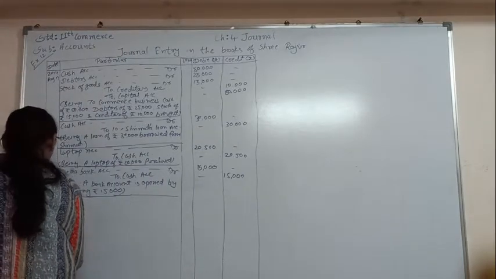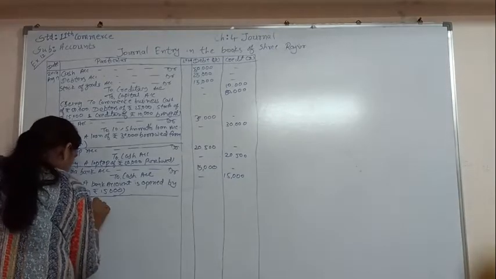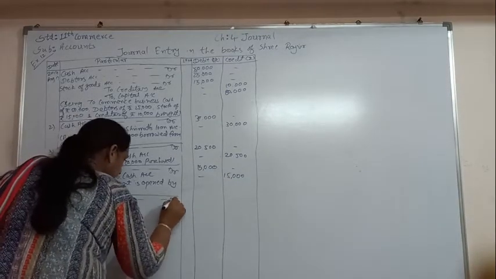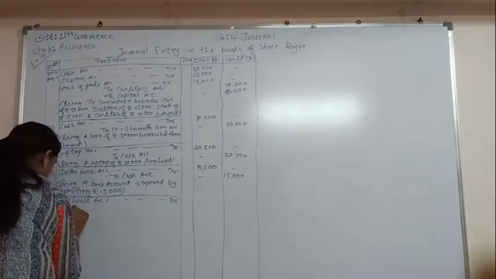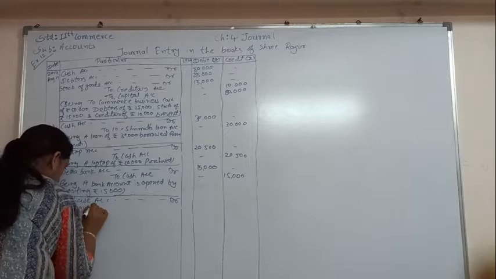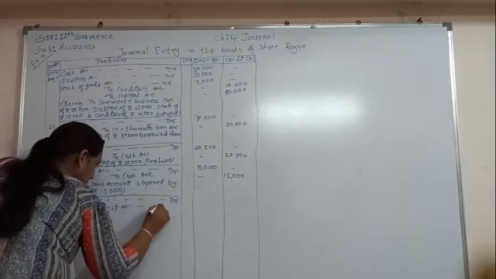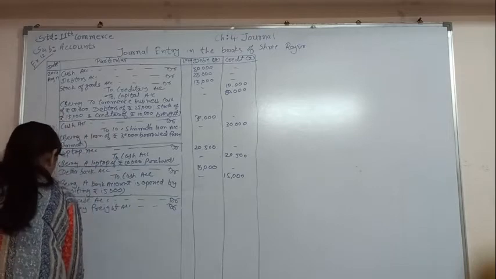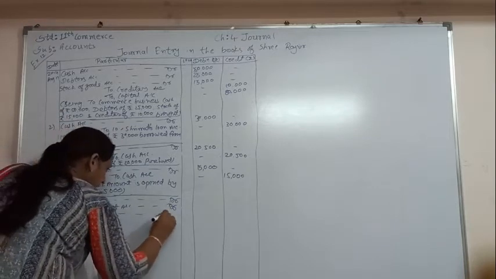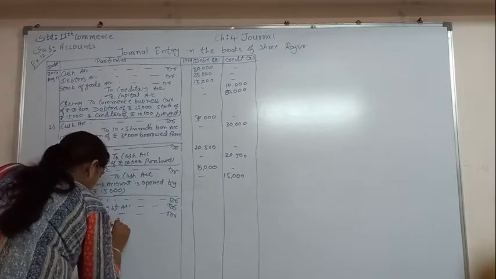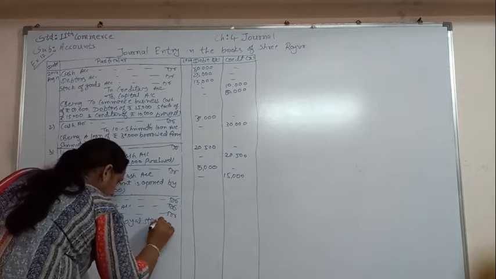So here the fifth journal entry will be purchase account debit. Then railway freight is our expense, so railway freight account debit. Then wages account debit to Royal Stores account.